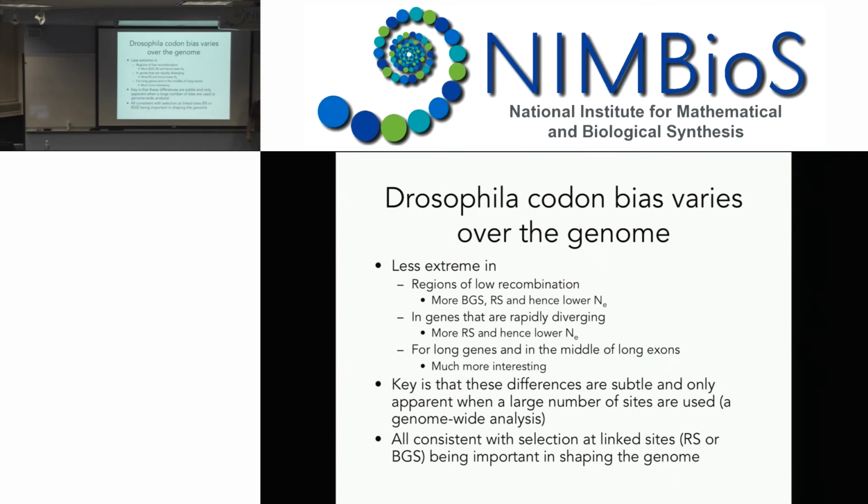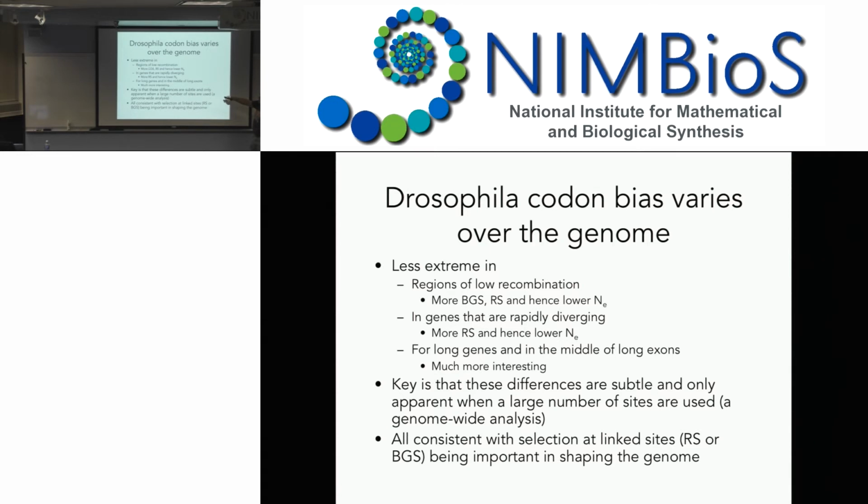And the reason that's interesting is we can then look more carefully at what codon usage bias looks like, and we see some interesting patterns. Codon usage is less extreme in regions of low recombination. Less extreme meaning closer to the neutral pattern. It means the impact of selection seems to be less.